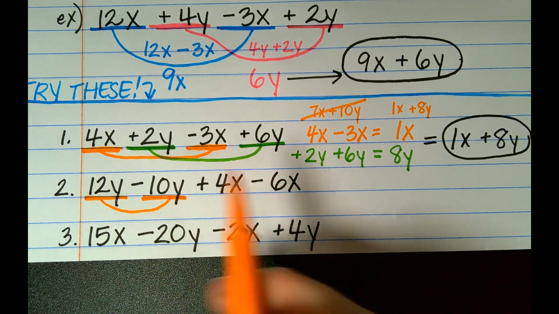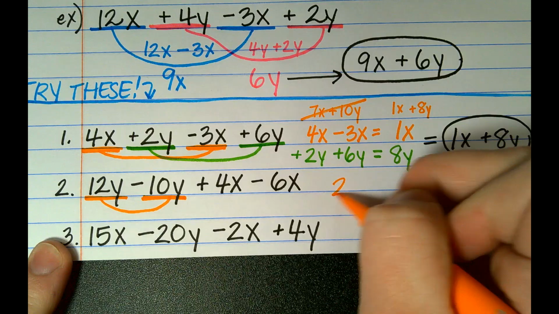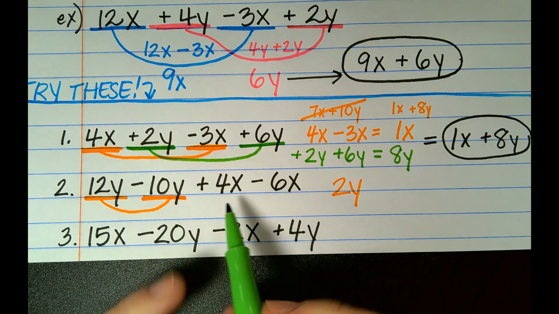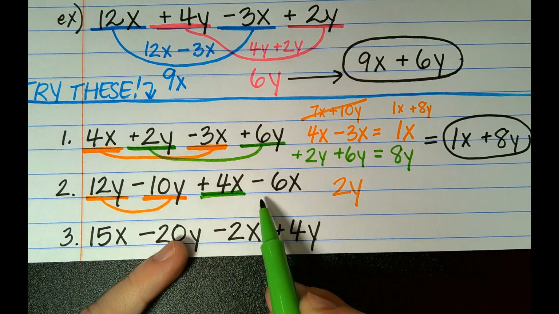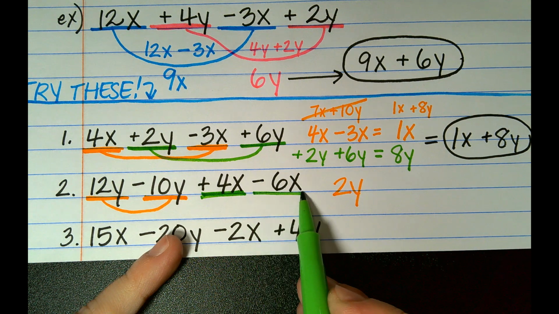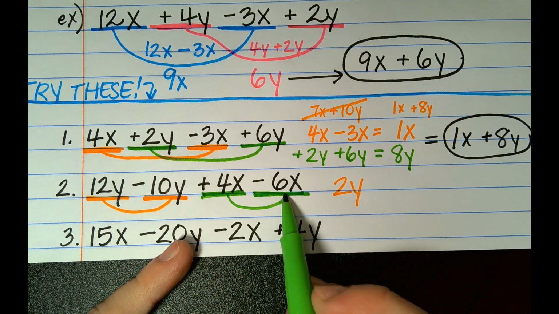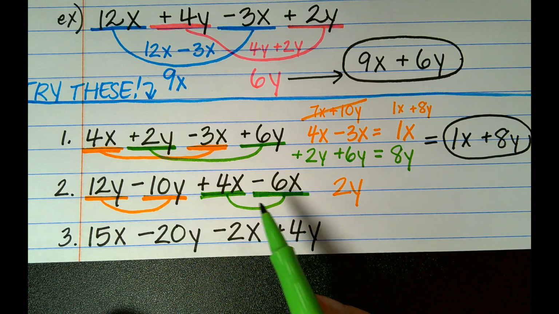Those go together, so 12 minus 10 is 2y. So that part's right. The next is 4x, minus 6. I found negative. It was 2y plus a negative 2.